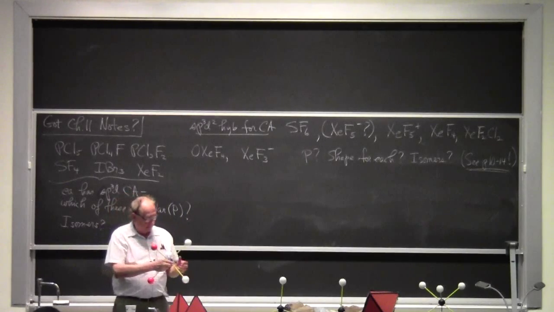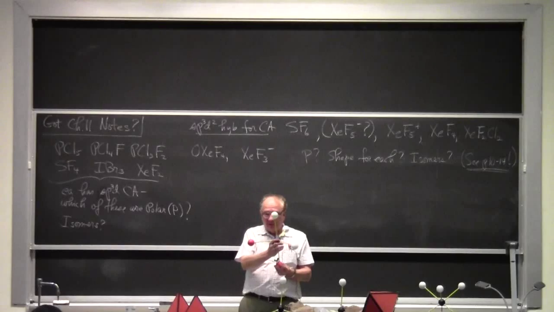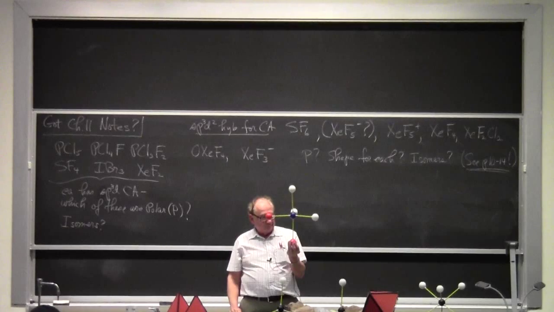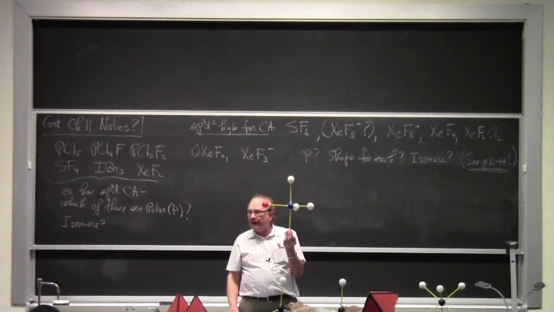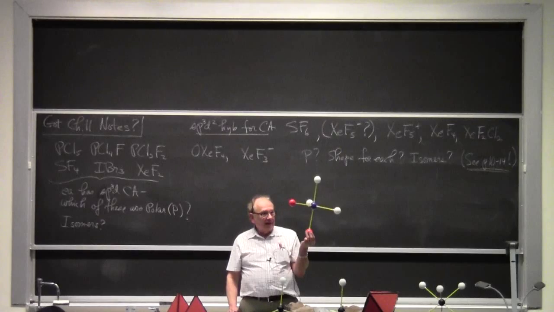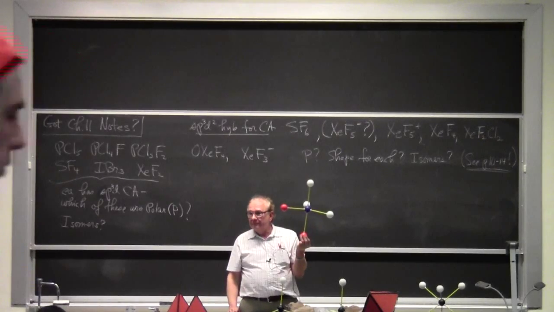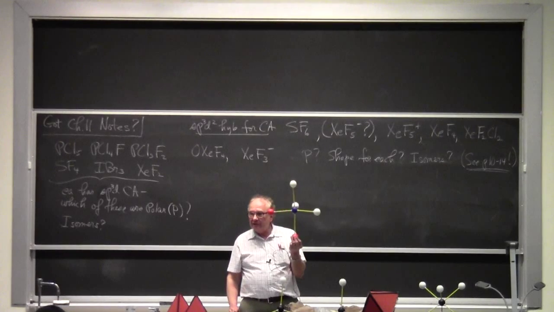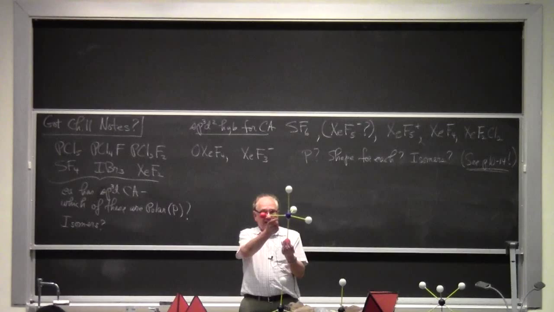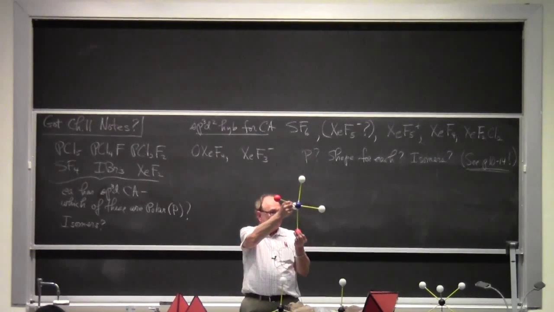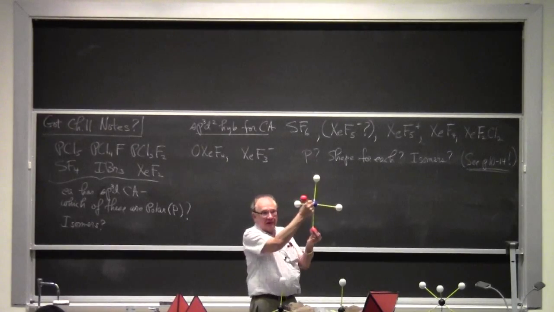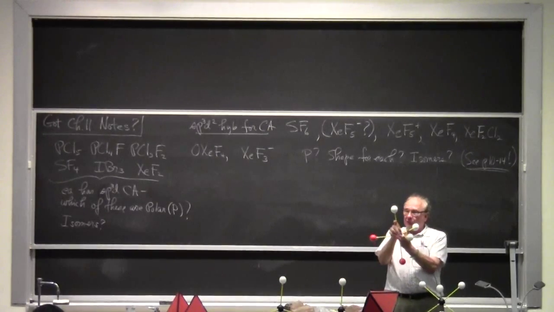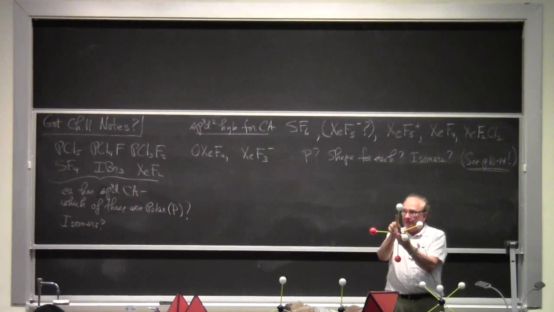But if the three white ones are, for example, fluorine atoms, and the orange ones are, for example, iodine atoms, iodine is a lot bigger than fluorine, so we would expect, based on the much larger size of iodine, that this angle would open up somewhat because of van der Waals repulsion between the very large iodine atoms. The upshot of which is the angles between the fluorine atoms would get smaller.